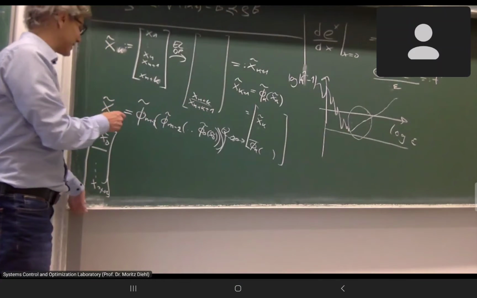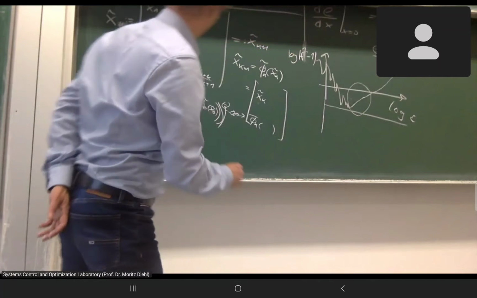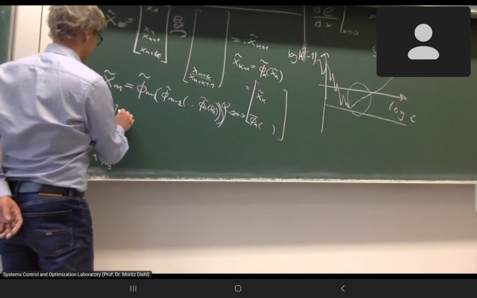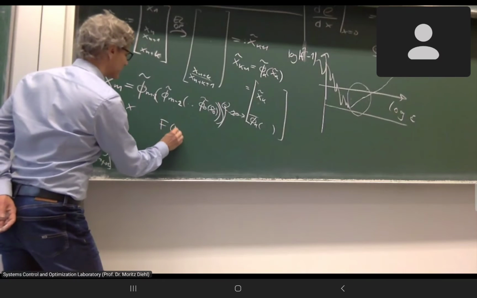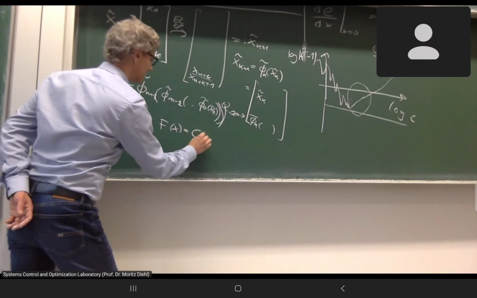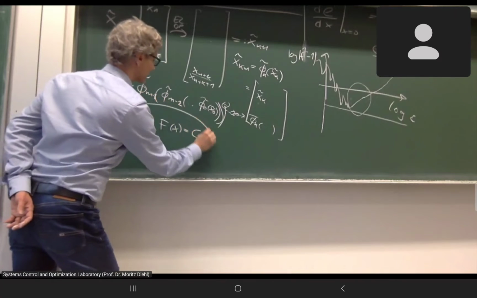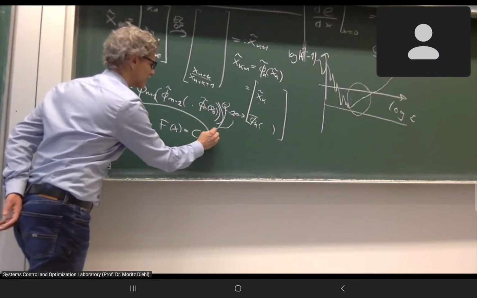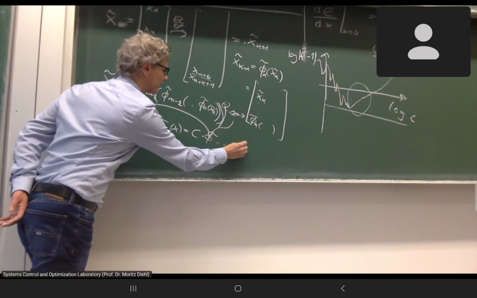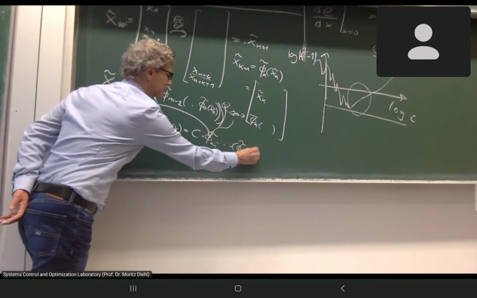Right? So what do we call the overall function f? This thing is equal to x, right? So f of x is equal to C, the selection matrix, times all these concatenations.